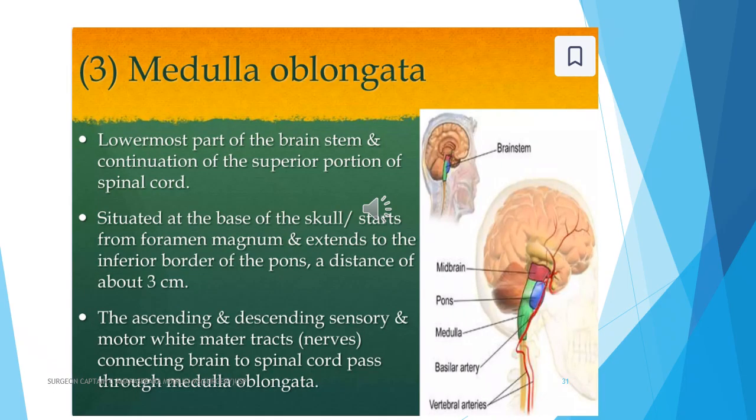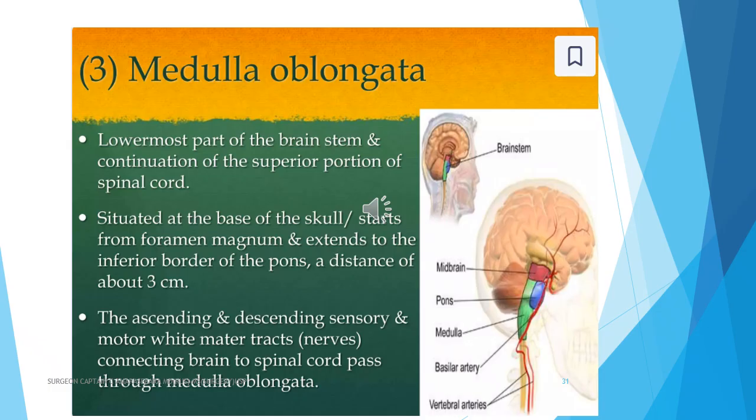Medulla oblongata, a vital relay and reflex center. Completing our journey through the brainstem, we arrive at the medulla oblongata, the lowermost segment of the brainstem, which continues with the spinal cord and is nestled within the foramen magnum.